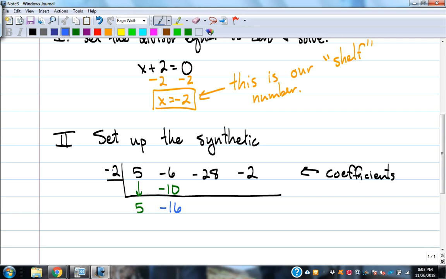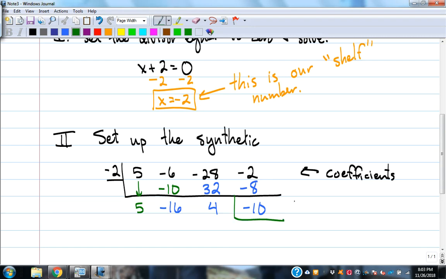Multiply. Negative 16 times negative 2, positive 32. And then you add negative 28 plus 32, 4. Then you multiply. 4 times negative 2, negative 8. Then you add. That's negative 10.